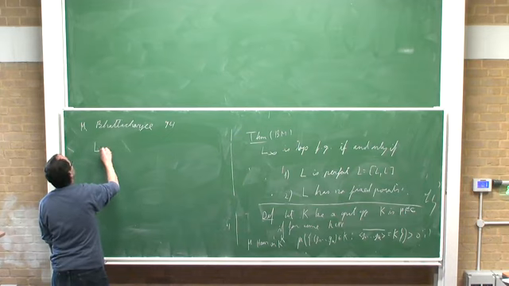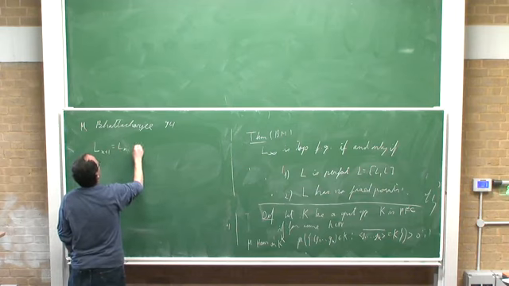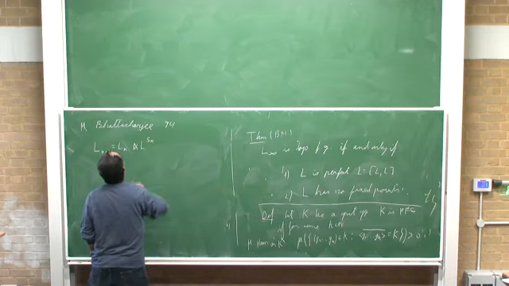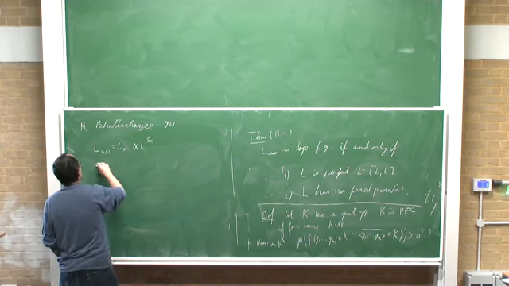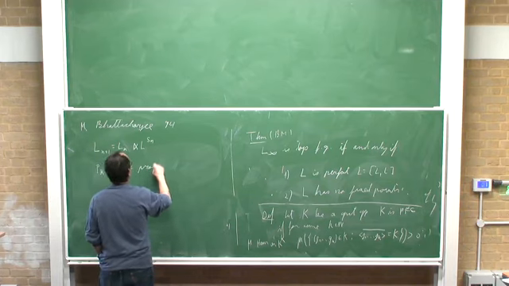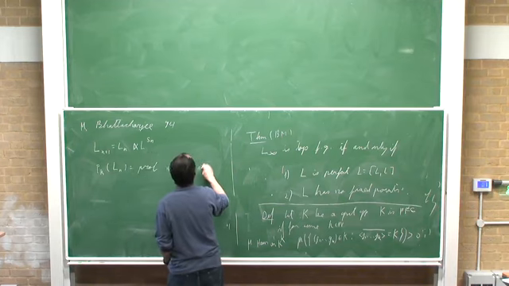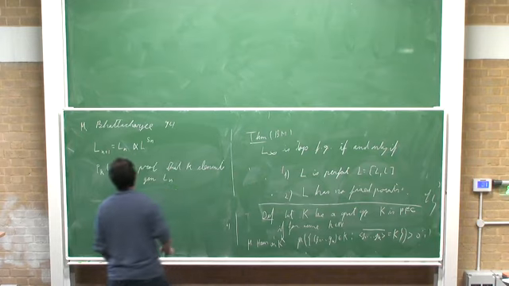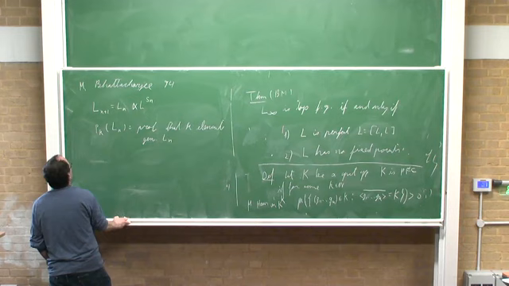So we have L_n, and L_{n+1} was L_n semi-direct product with L_{n+1}. And we want to estimate p_k(L_n), which is the probability that k elements generate L_n. And so here is the proposition.